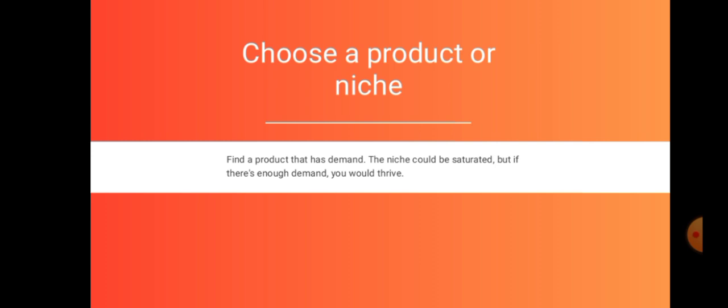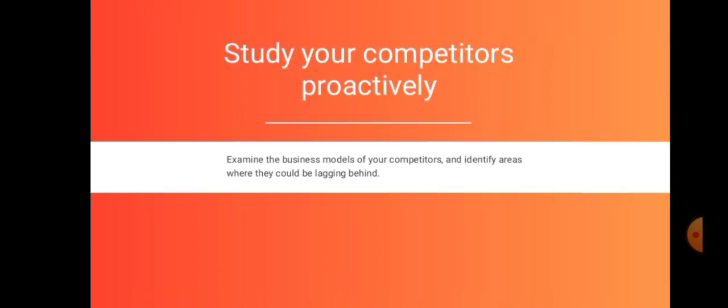Now it may seem like the market is saturated, but these guys will still actually make money because there is enough space for everyone. The market is in demand. That's the point. So the first step to creating a perfect product is to make sure that the product you choose is something people want, people need, and people will be willing to buy.